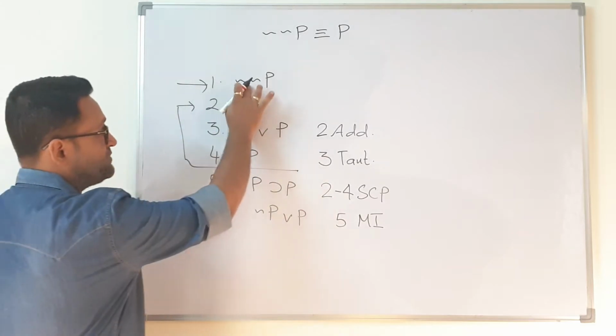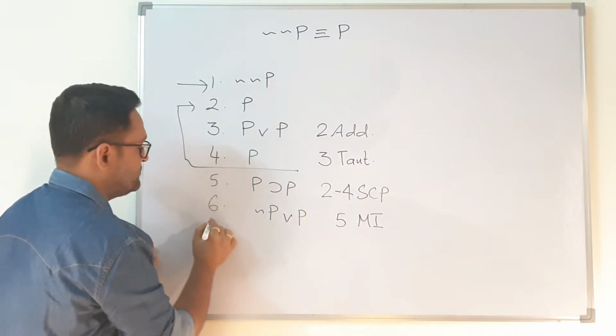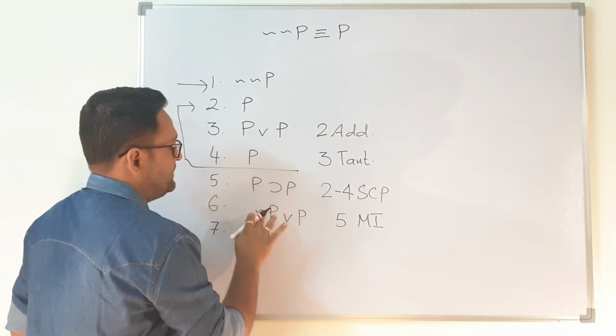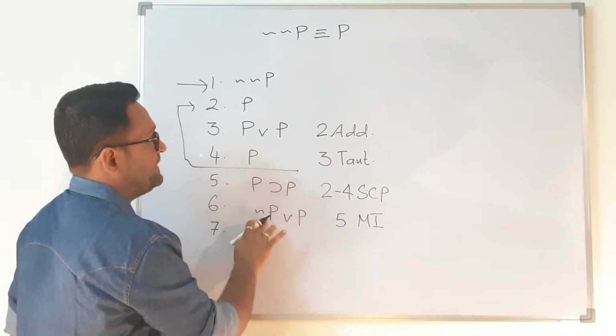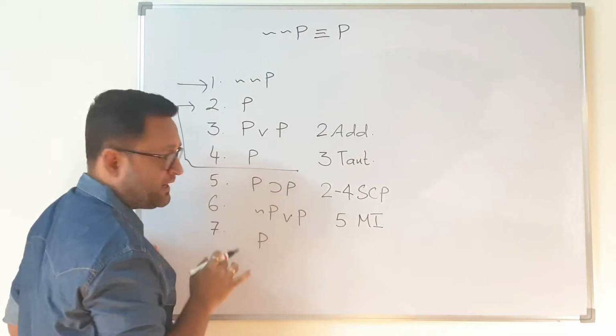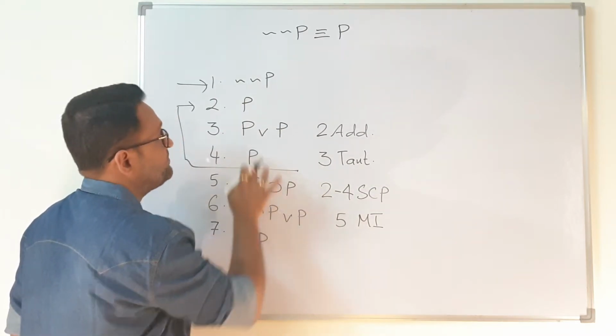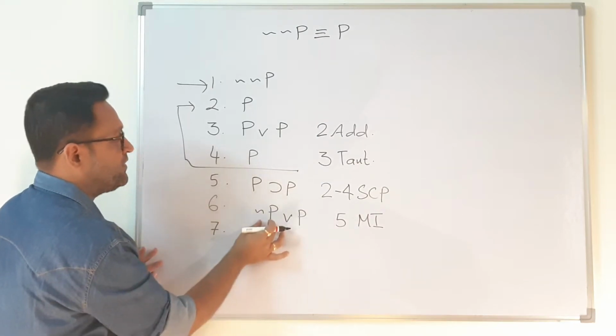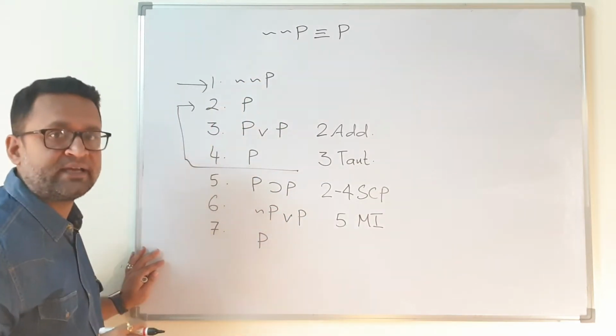Now if I use this line on this line, I will use DS and I will get P, because the negation of negation P is double negation P. So I got P because I applied DS over here.